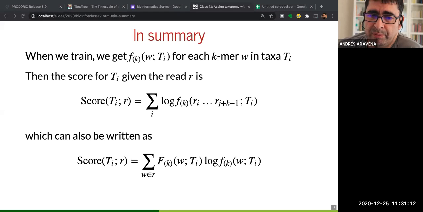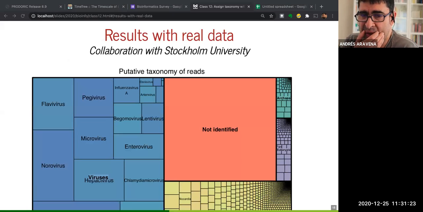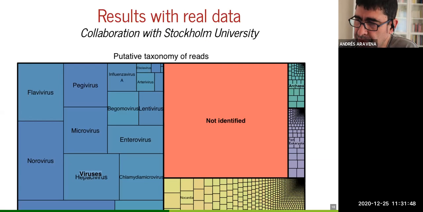Let me show you a result. With these tools, or tools a little more complicated but with the same philosophy, we did this work. I did it about 2 years ago. The point is this. I was working at that time with some colleagues from Stockholm University, and they are working with archaeological DNA. In their samples, they essentially take bones or teeth from old Vikings, or they also take from Turkey. You know, Turkey is the capital of archaeology.